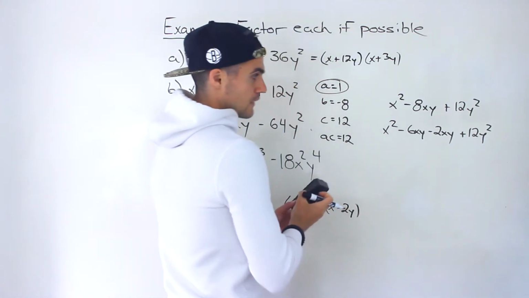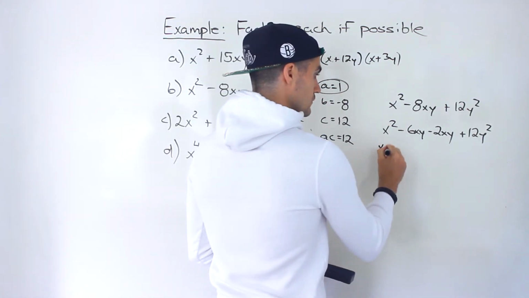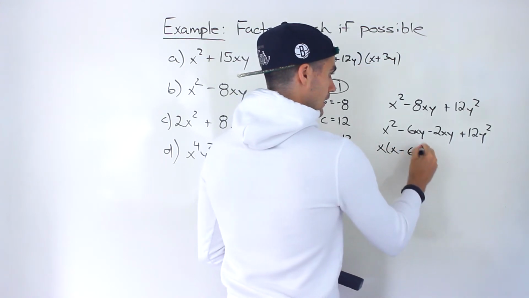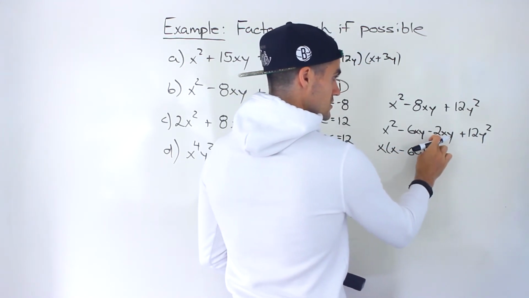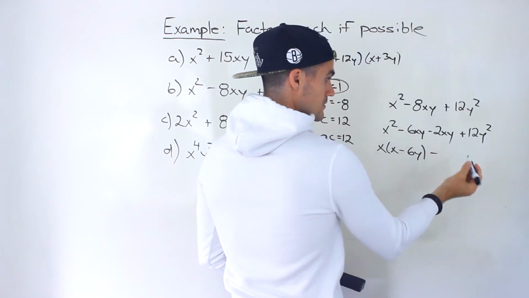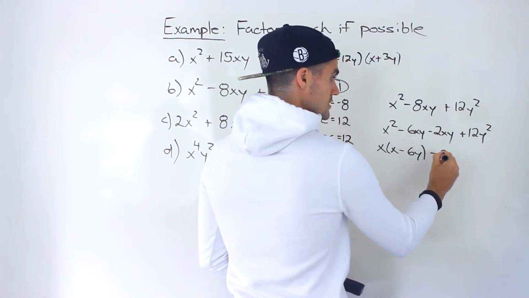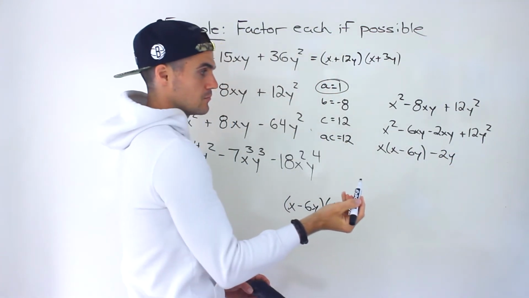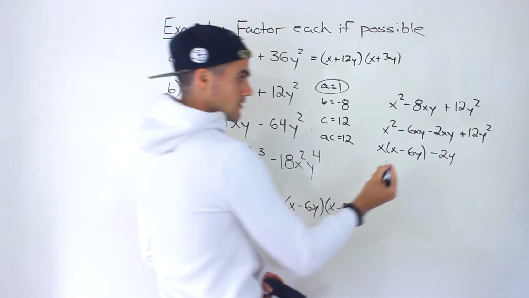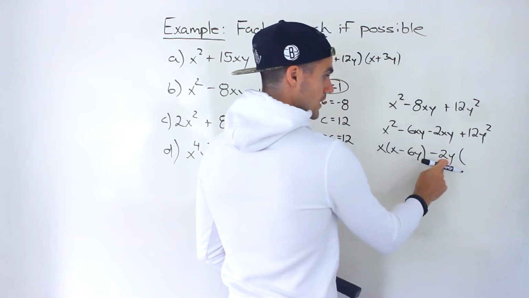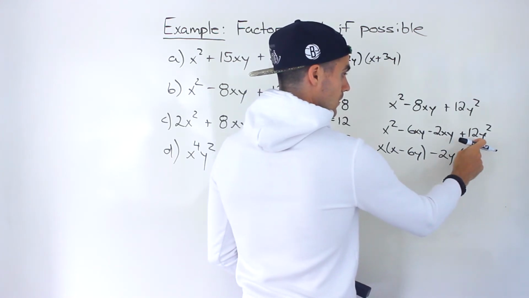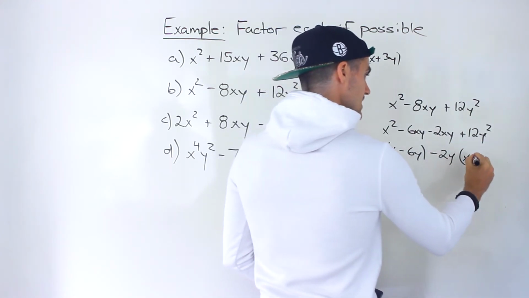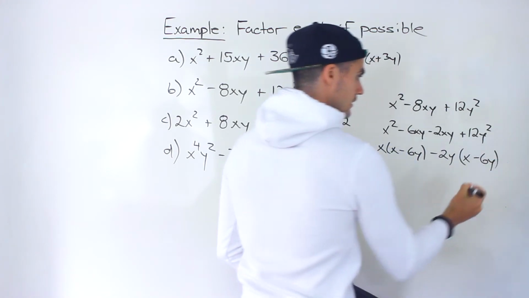but let's confirm it by doing the full process. So factoring by grouping, we could take out an x over here. And then from these two, notice there's a negative here, so we always take out a negative value, and then a 2 and a 12, we could take out a 2, and then we have the y's in both, right? So from there, -2xy divided by -2y gives us x, 12y squared divided by -2y would give us -6y, like that.